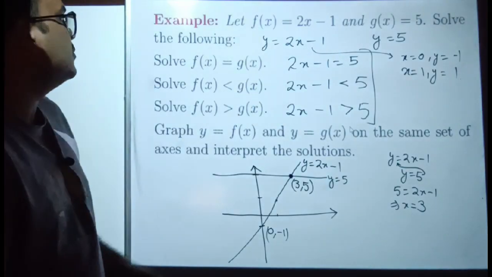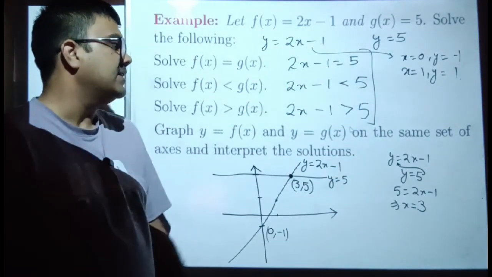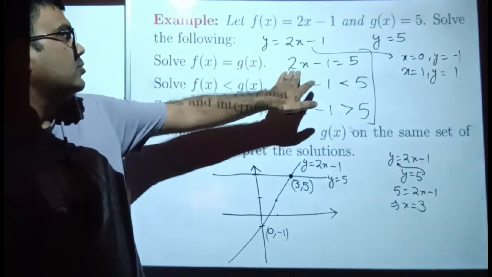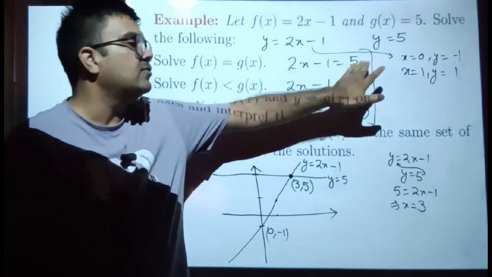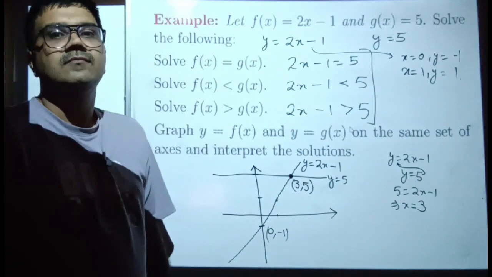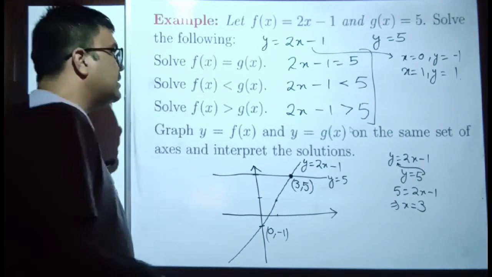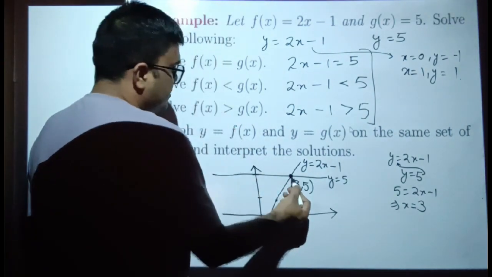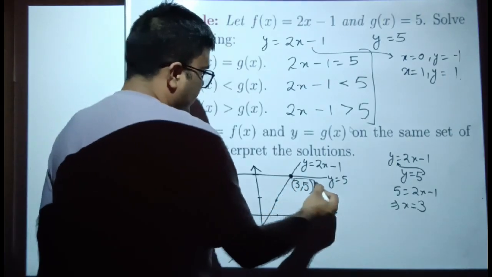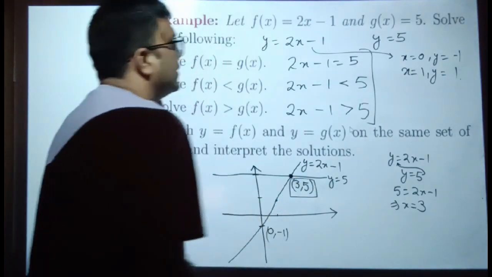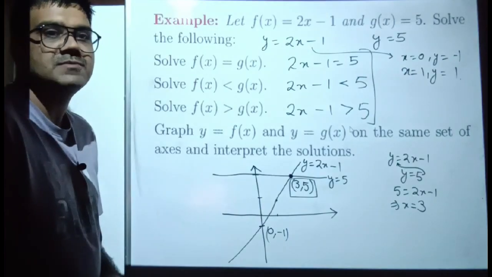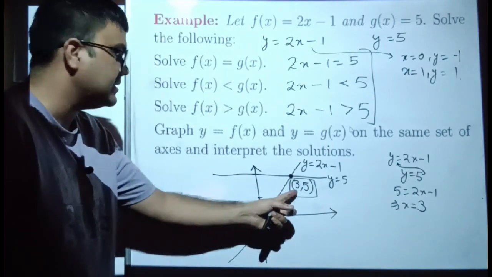Now we are going to talk about these three cases graphically. When we say 2x minus 1 is equal to 5, we are talking about this particular point (3, 5), where the value of x that we obtain is 3.